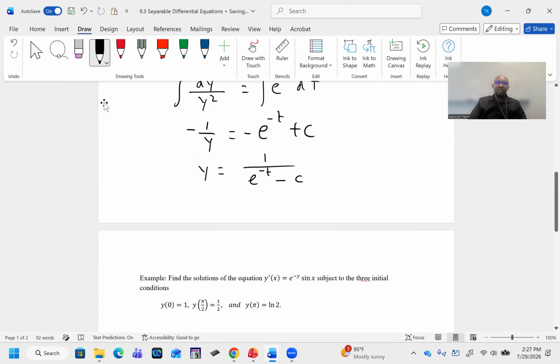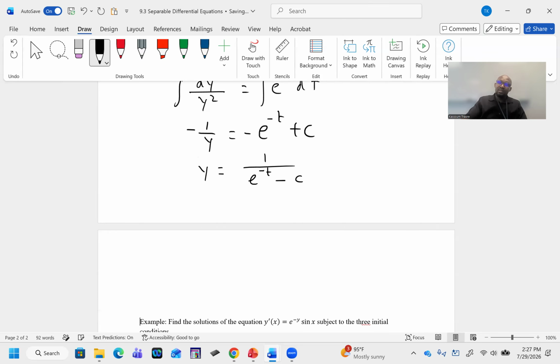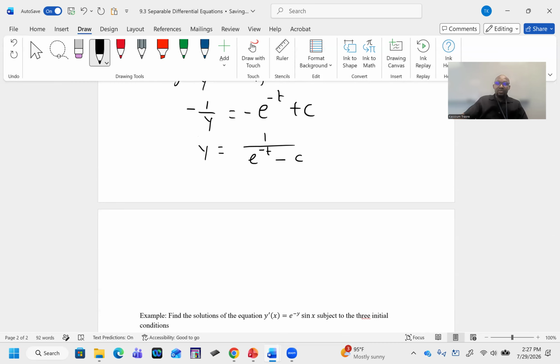So that's just like my new function y(t). We multiply both sides by negative, so we have y(t) is equal to 1 divided by e to the power of negative t minus c, and since it's 1 divided by y, we take the reciprocal. That's what I did, okay?